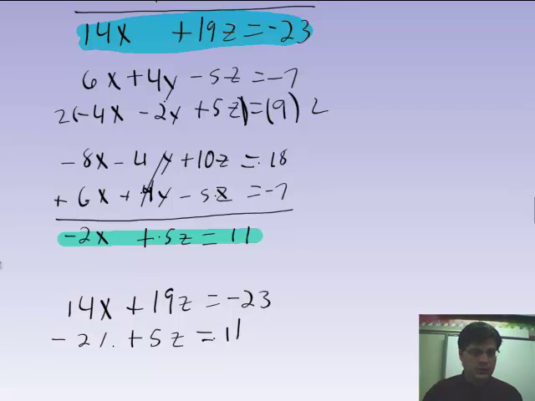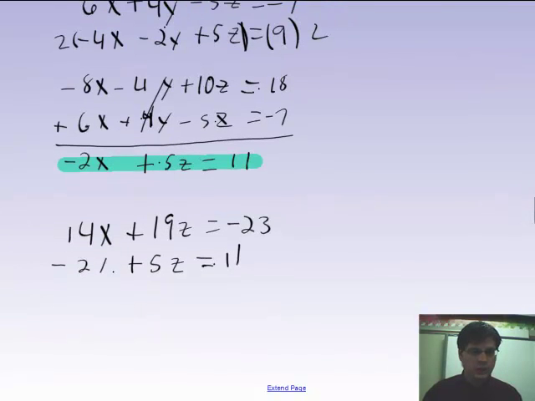We need to make a decision on what we want to eliminate. In this case, the x's will be easier because you can multiply 2 with 7 to get 14, whereas it'd be harder to find a least common multiple between 5 and 19.